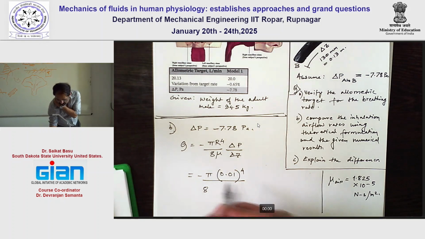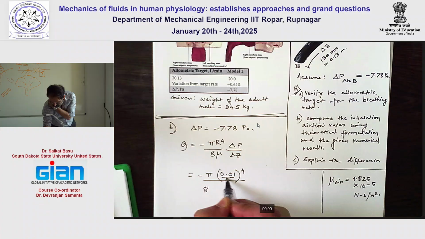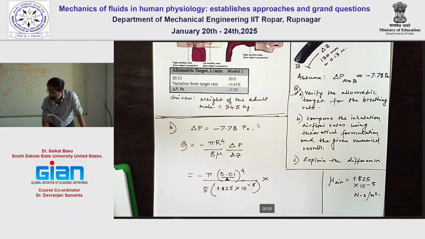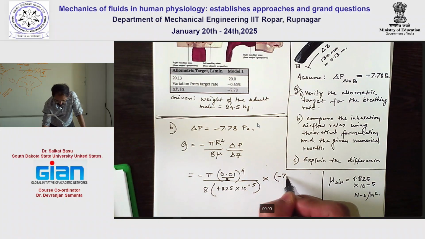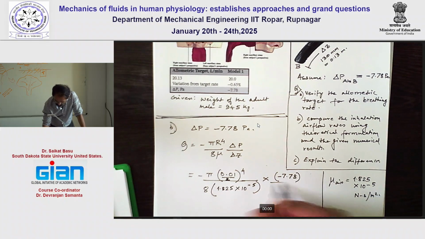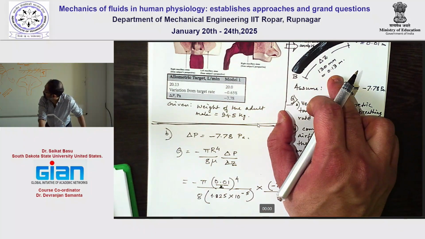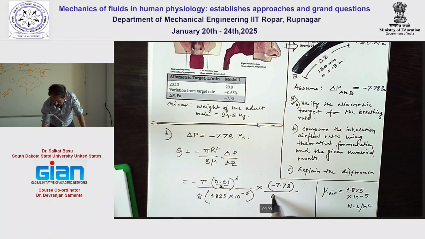This is the radius that we're talking about. So 8 times 1.825 times 10 to the power of minus 5, and then delta P is negative 7.78, and delta Z is 130 millimeters, so 0.13 meter.